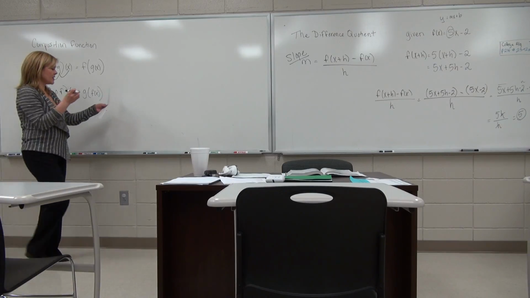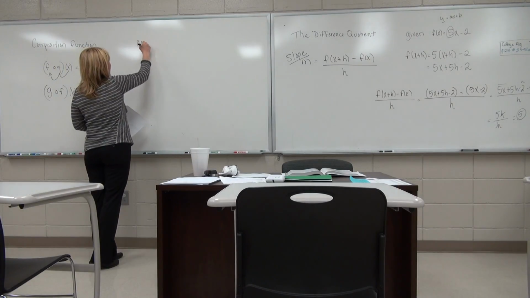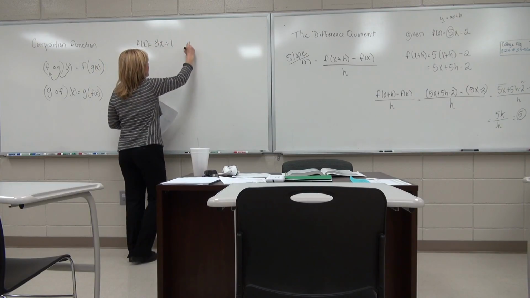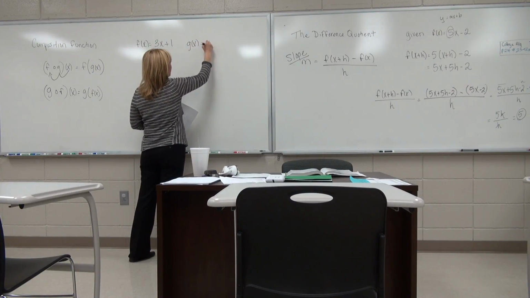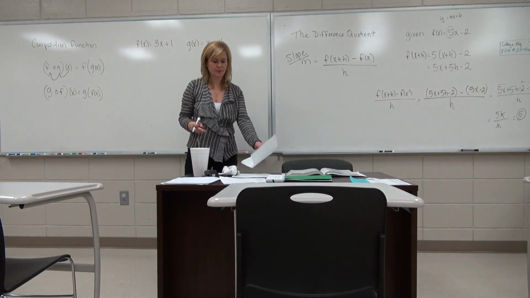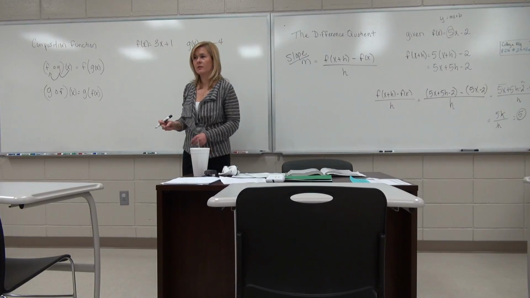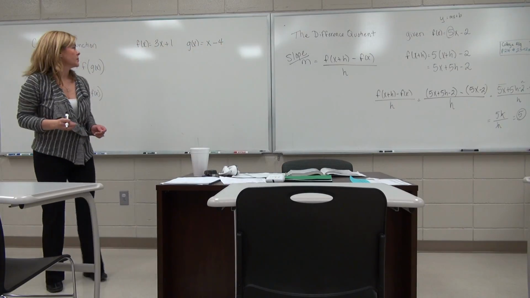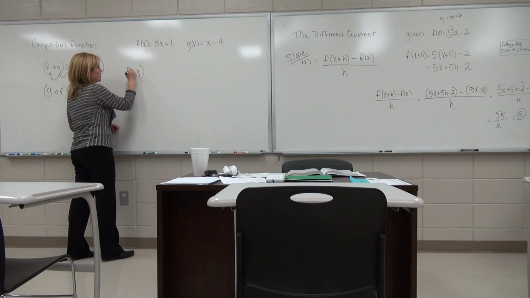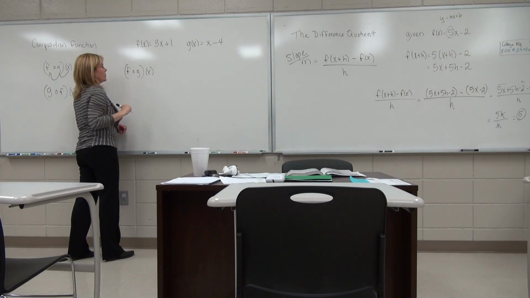All right, so let's say on this one, I'm giving you that f of x is 3x plus 1, and g of x is x minus 4. Okay? So find both of them. This is the way it'll look.